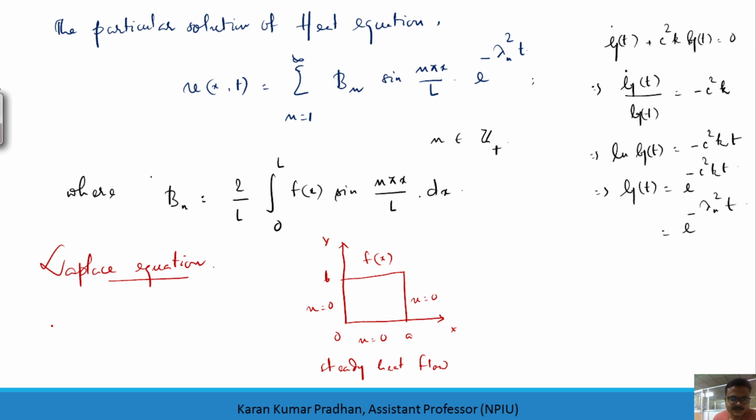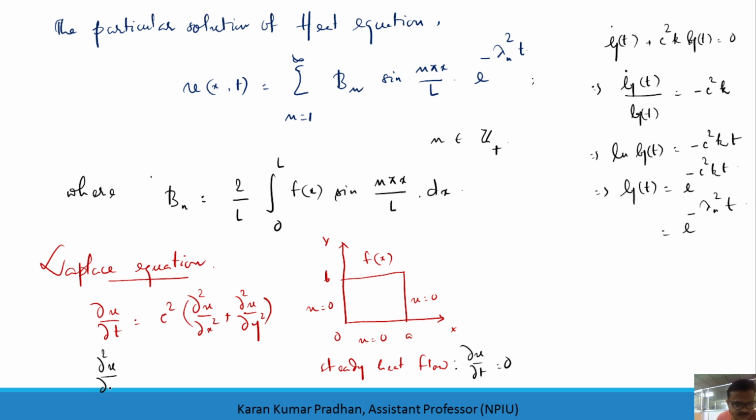Now the Laplace equation is an extension of your heat equation: dou u by dou t equals c squared times dou squared u by dou x squared plus the second partial with respect to y. If we consider steady heat flow, that means the heat flow is independent of time, so this term will vanish. Then the equation is dou squared u by dou x squared plus dou squared u by dou y squared equals 0.